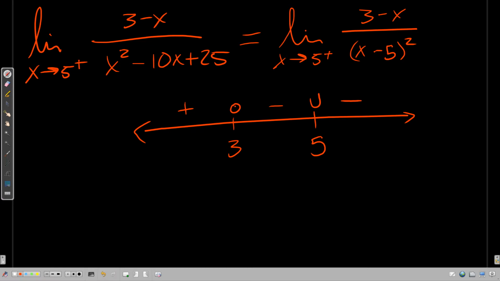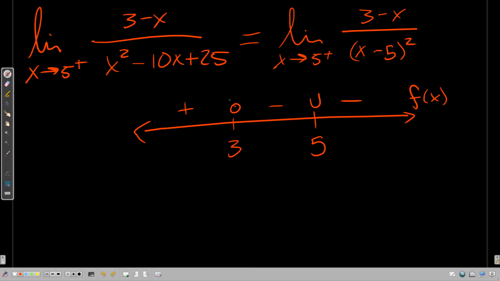Meanwhile, the denominator is still positive. So really the only change happened right there. The only time it switched. Then this is the behavior of this function, if this is the function f of x, and this is how it behaves with respect to being above the x-axis or below the x-axis.